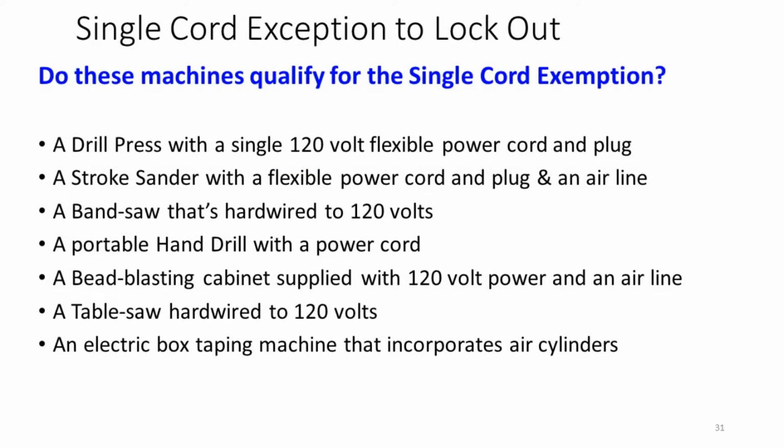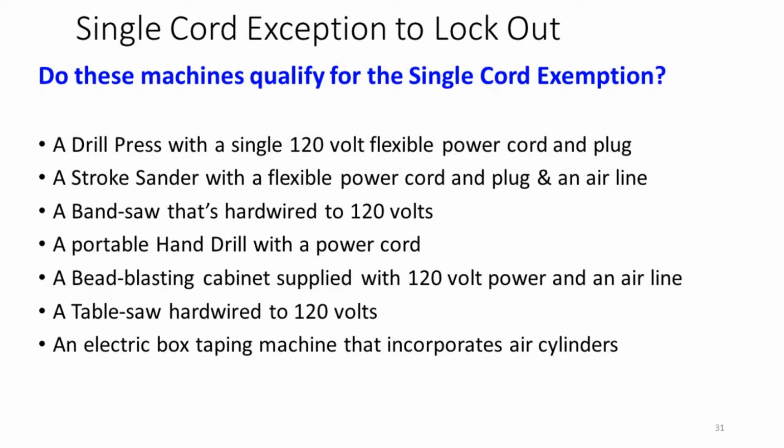Knowing what you do now about the single cord exception to lockout, do these machines qualify for that single cord exception? The answers will appear on the next slide. A drill press with a single 120 volt flexible power cord and a plug. A stroke sander with a flexible power cord and plug and an air line.